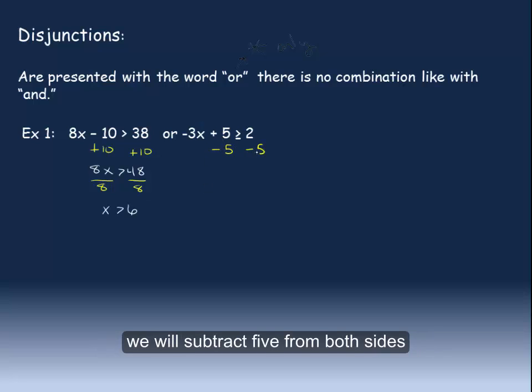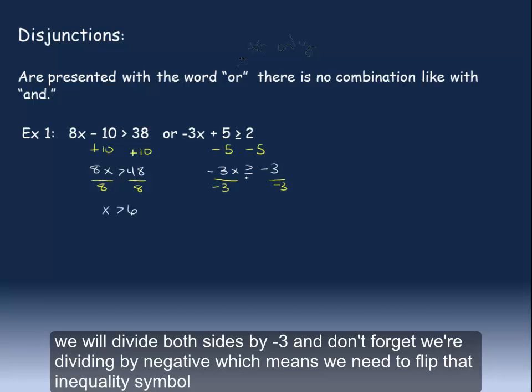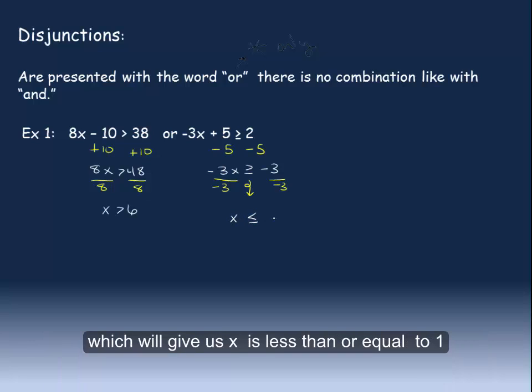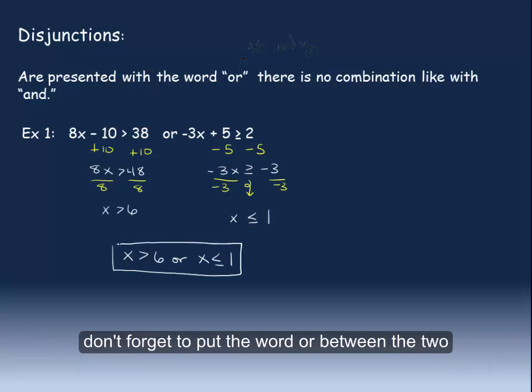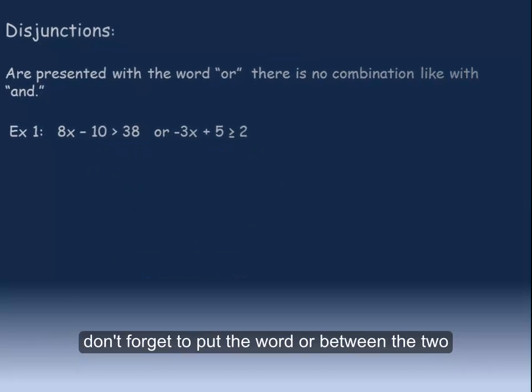We will subtract 5 from both sides, giving us -3x is greater than or equal to -3. We will divide both sides by -3, and don't forget we're dividing by a negative, which means we need to flip that inequality symbol, which will give us x is less than or equal to 1. Writing this out, you'll have x is greater than 6 or x is less than or equal to 1. Don't forget to put the word or between the two.